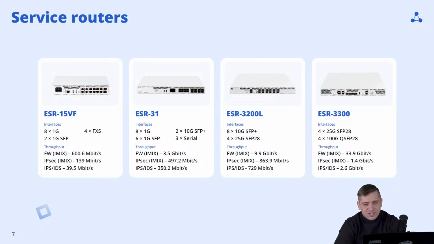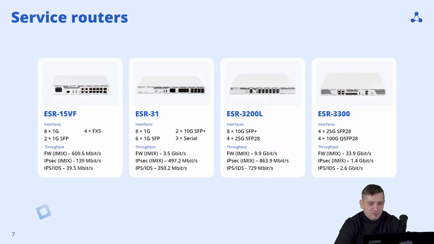Then go ESR 3200L and ESR 3300. As you see, these are more serious devices which are capable of IMIX traffic ranging from 9.9 gigabit per second up to more than 30 gigabit per second.